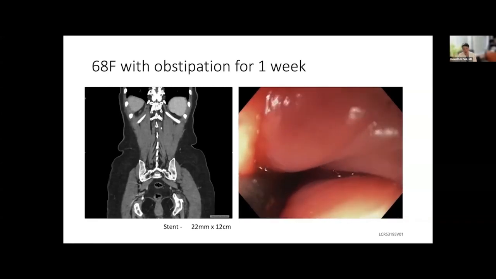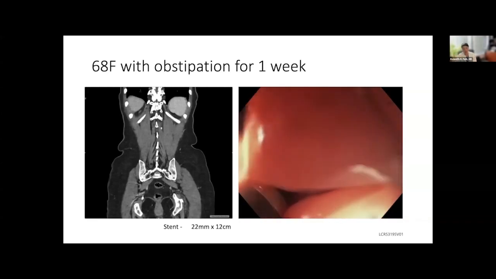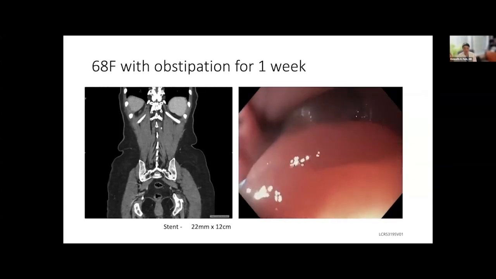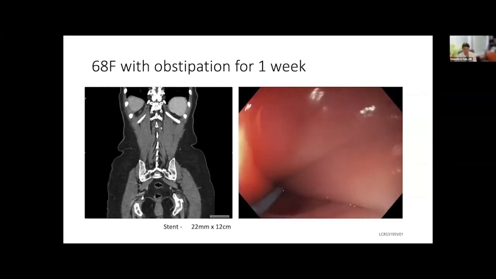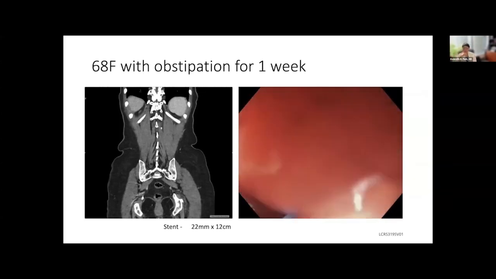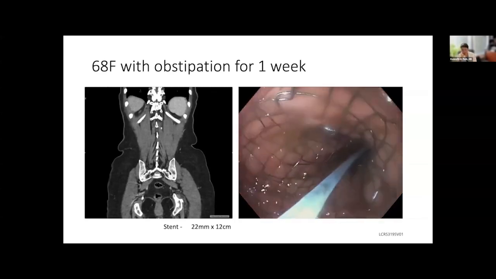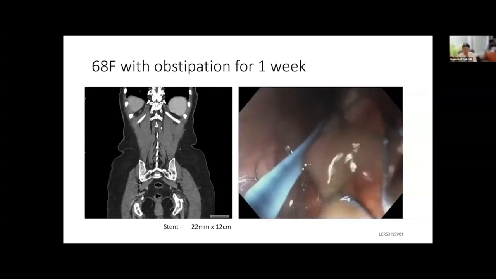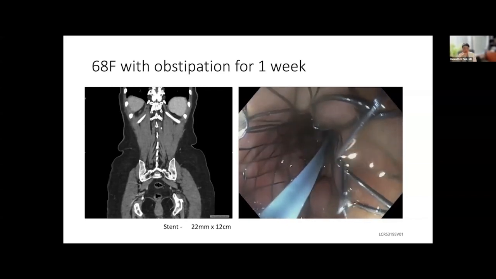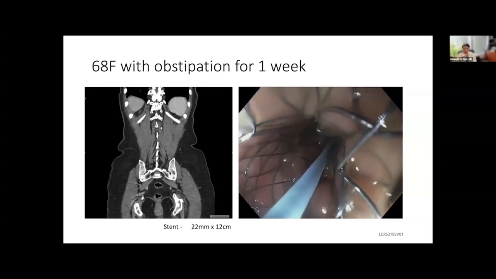For this case, because you were able to cross the stricture with your scope, if you're doing a through the scope stent deployment, you don't necessarily have to have fluoroscopy, but having fluoroscopy will help you in terms of better knowing where your scope is, where the stent is, where the stricture is. So it's generally recommended.